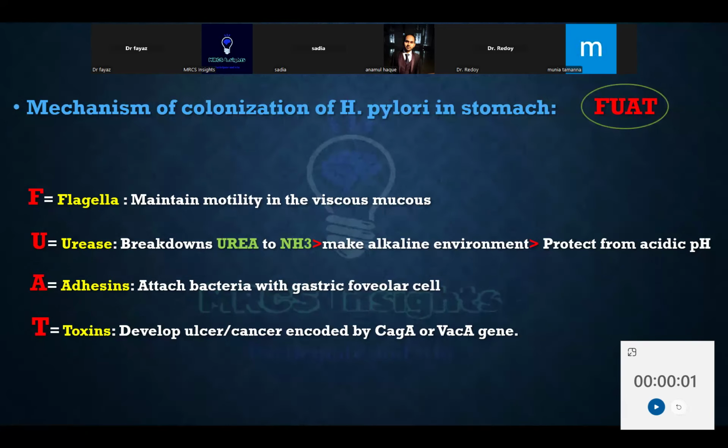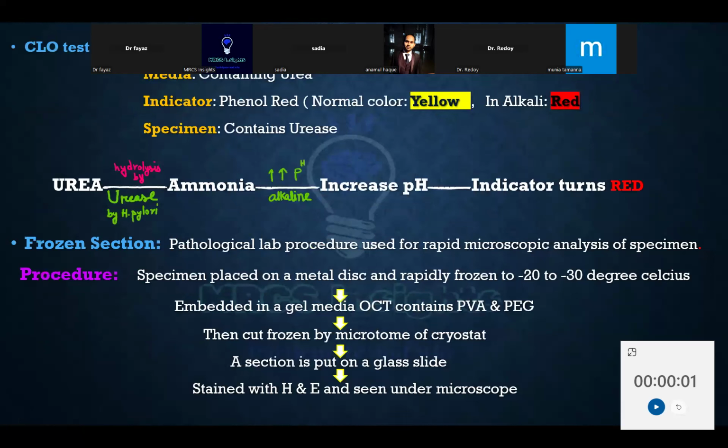Next slide, you have told nicely what the CLO test is. In this test, there is a medium containing urea and an indicator, phenol red. In acidic or normal conditions it is yellow, and in alkaline medium it is red.